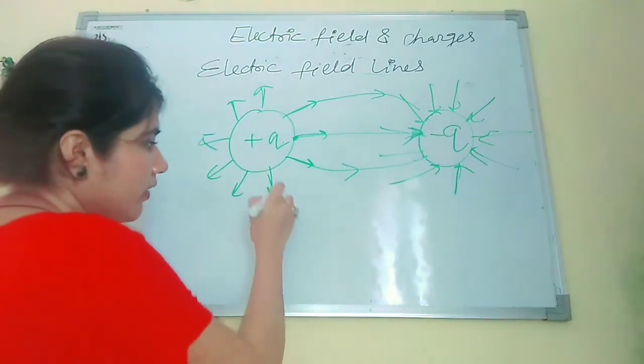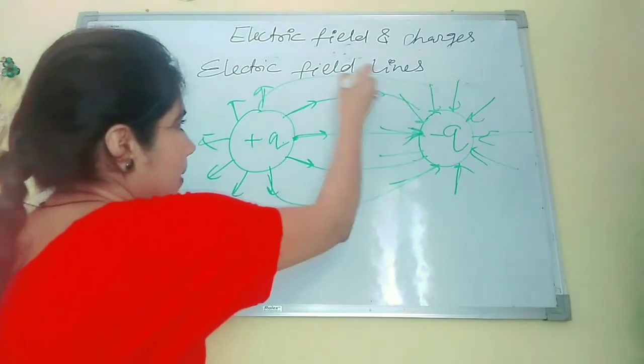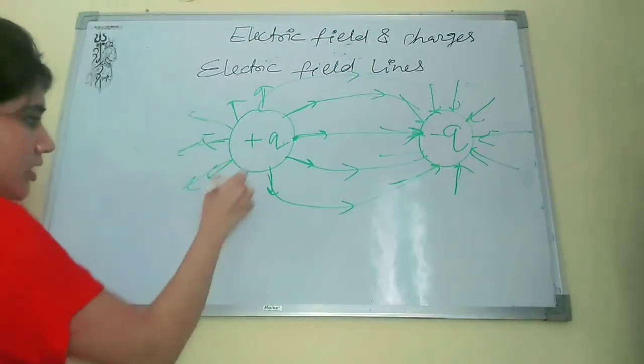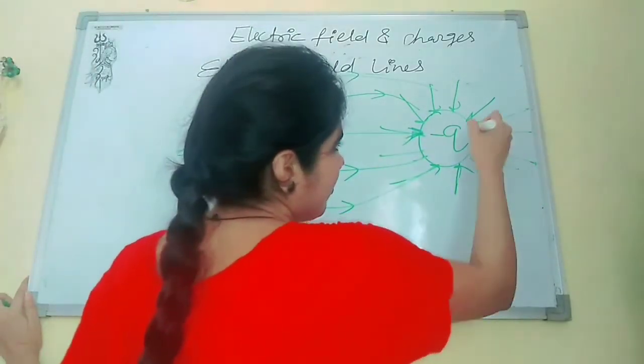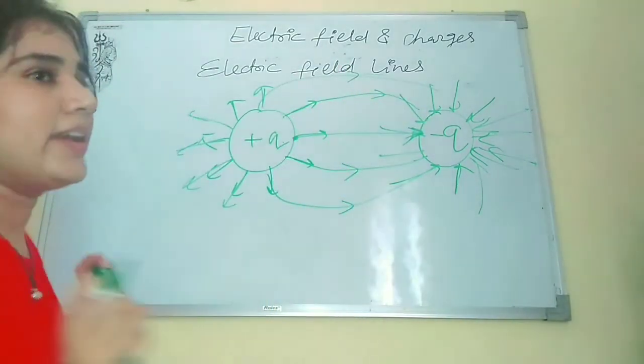And in this direction it will appear like this. So this is the basic representation of electric field lines.